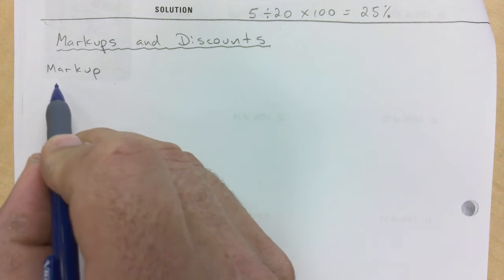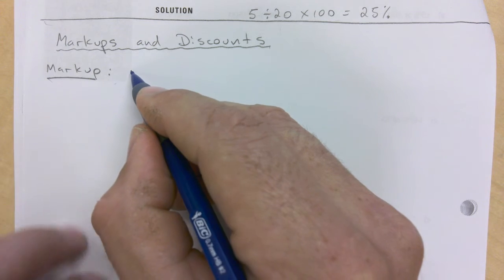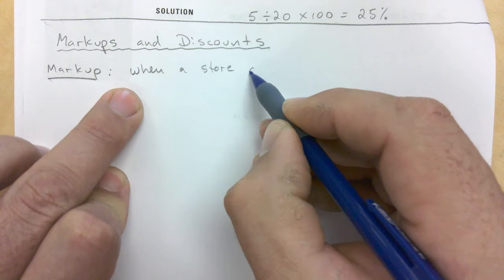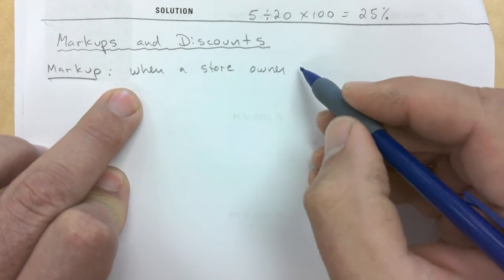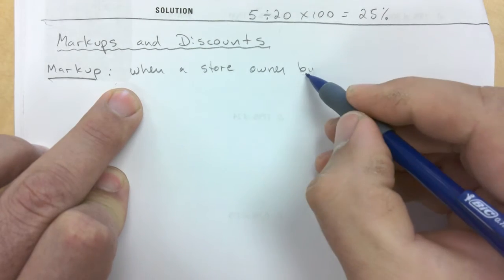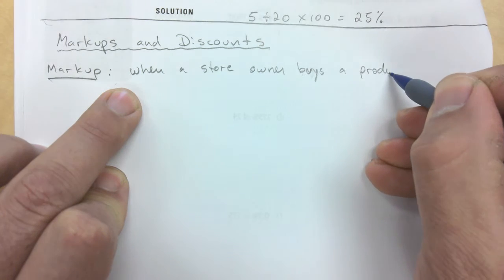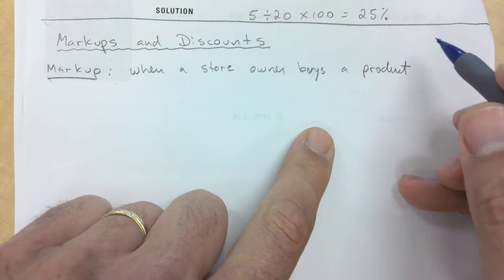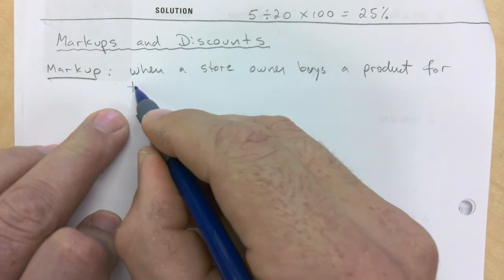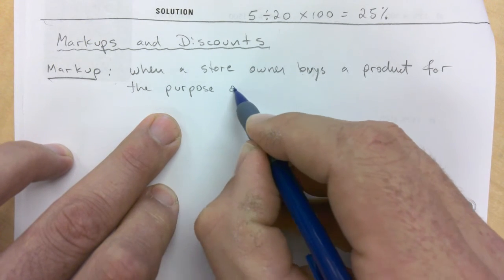So the first term that we're going to talk about is markup. A store owner buys a product for the purpose of resale.